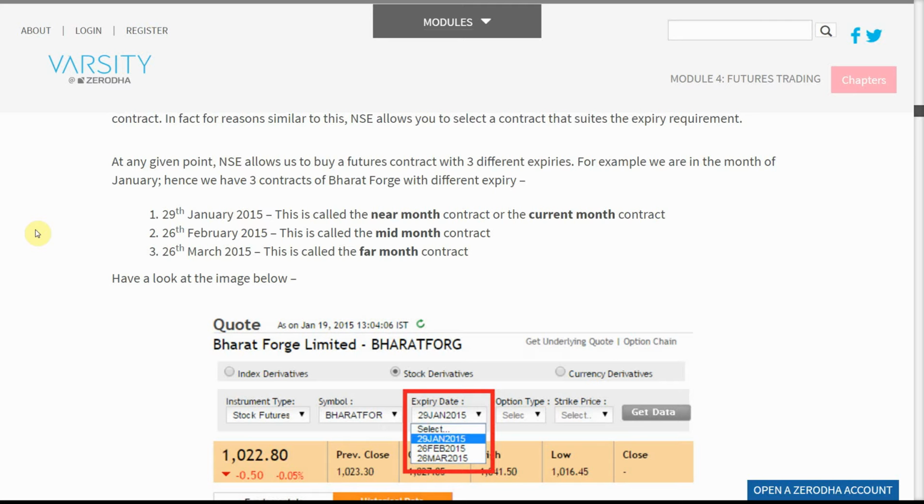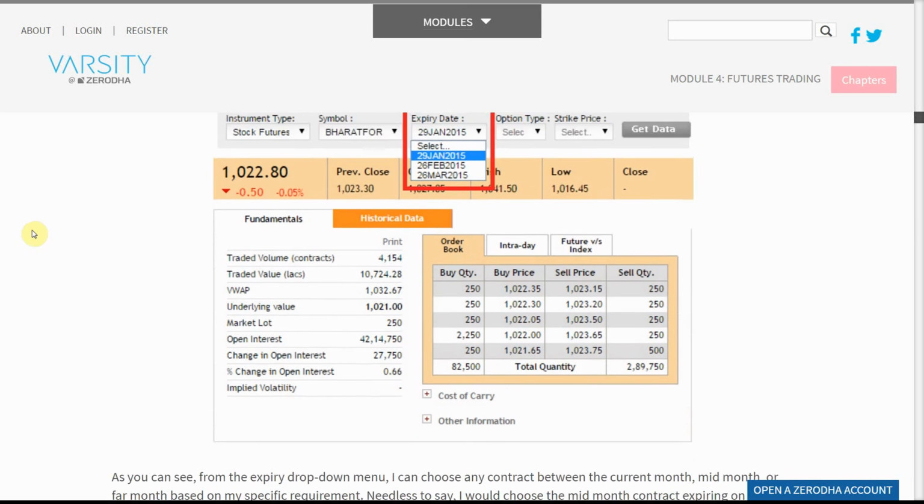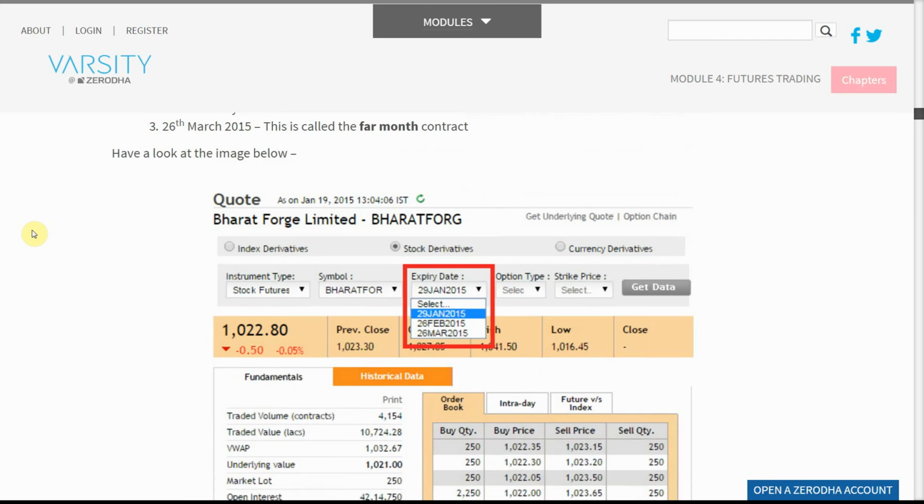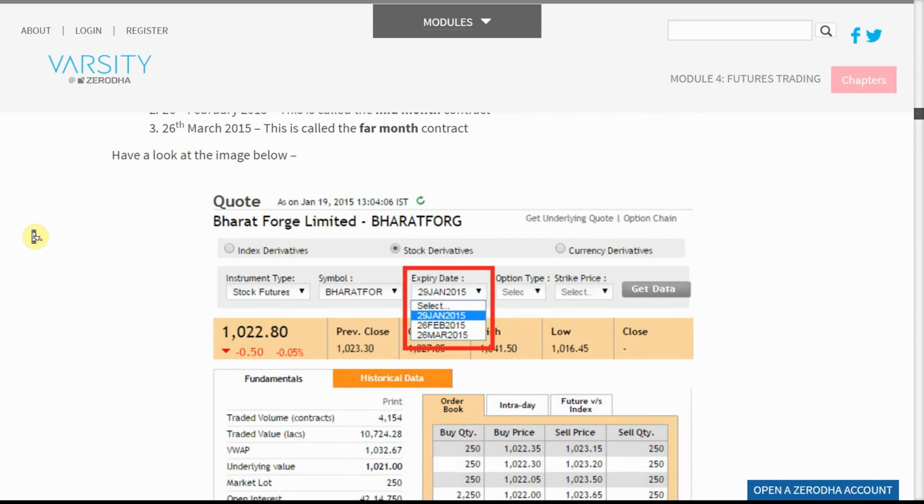As you can see, from the expiry drop-down menu, I can choose any contract between the current month, mid-month, or far month based on my specific requirement. Needless to say, I would choose the mid-month contract expiring on the 26th of February 2015 in this particular case as shown below.